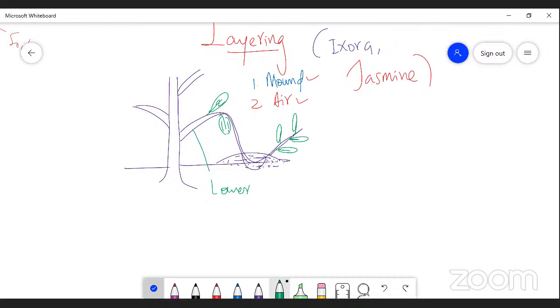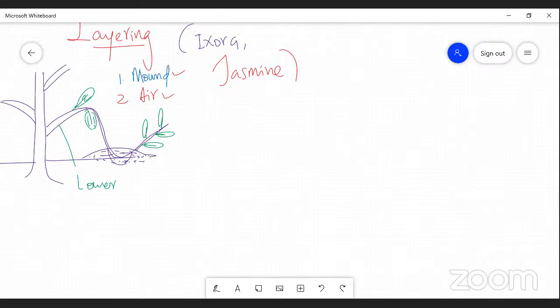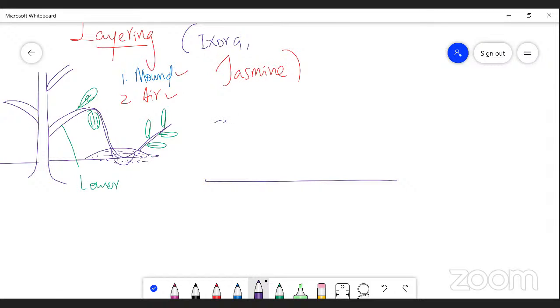The next category is air layering. Air layering is a method in which part of the plant is girdled. Now, this is a plant, and this is a branch. The part of the stem is removed, and you can see at the center the cambial tissue.